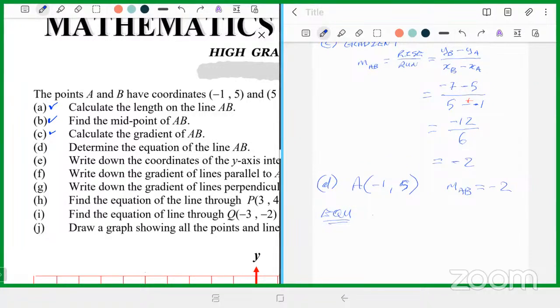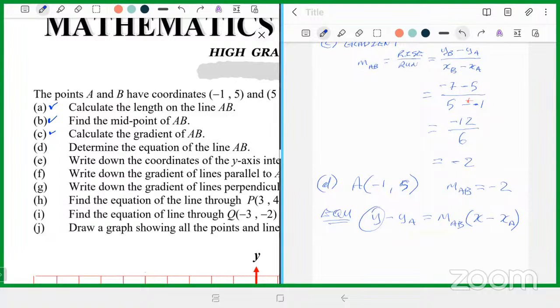And it's written like this: y minus the y value at A, because A is the point that we're using, equals the gradient of the line that I'm finding, AB, into x minus the x value at A. So these 3 values will come from this information here. All right, so let's substitute them now. And the x and y here, they represent a general point. They represent all points on the line. So you're getting an equation connecting x and y that can be used to locate points on the line. Points on the line will therefore satisfy the equation that we're going to end up with.